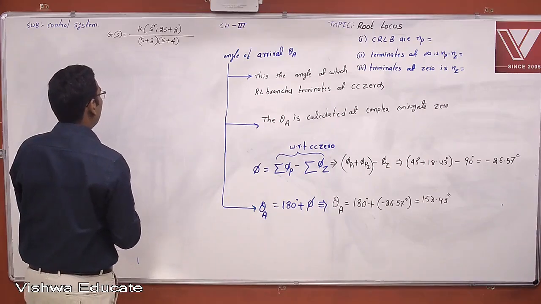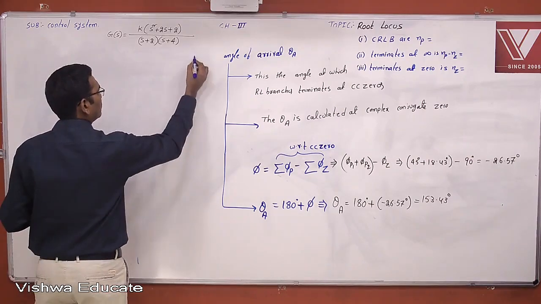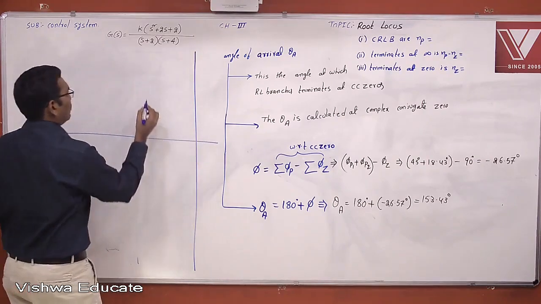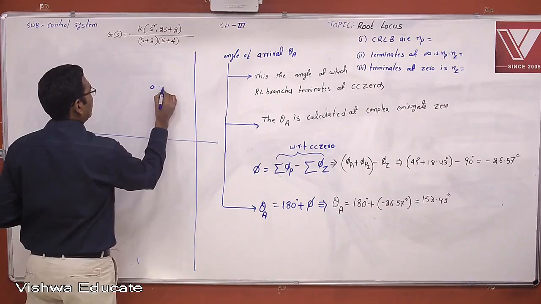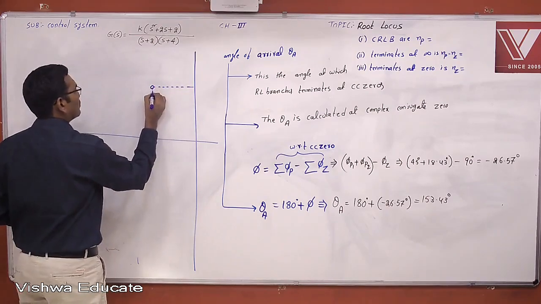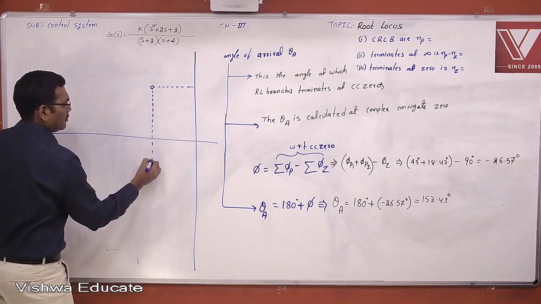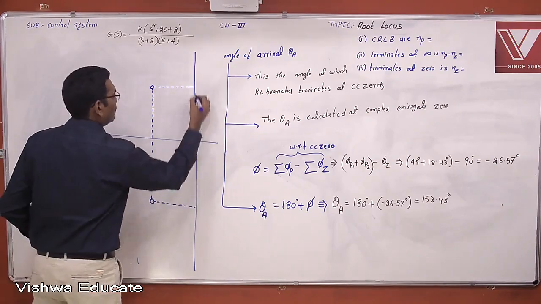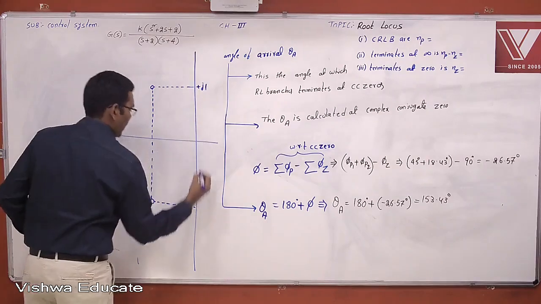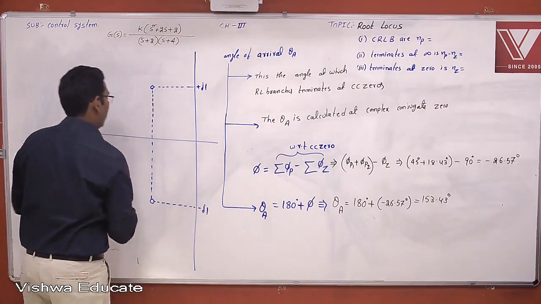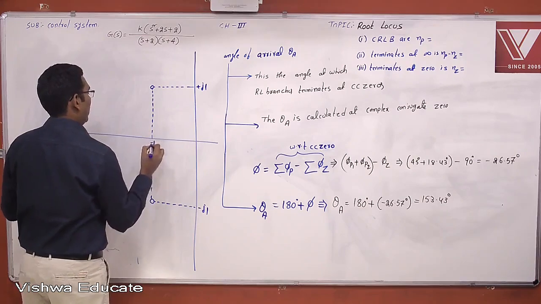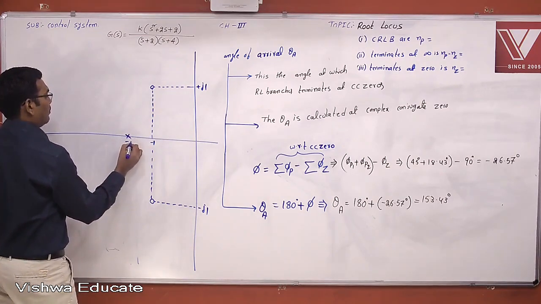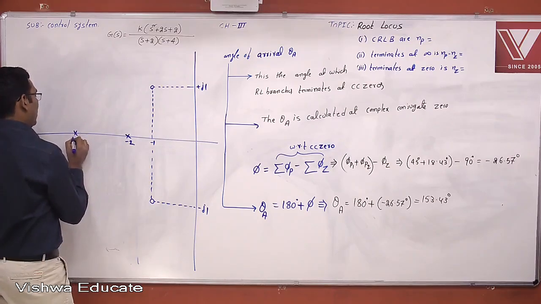Now you can easily draw the root locus diagram. Now these are the complex conjugate zeros, minus 1 plus j1 and minus 1 minus j1, and there are poles at minus 2 and minus 4.